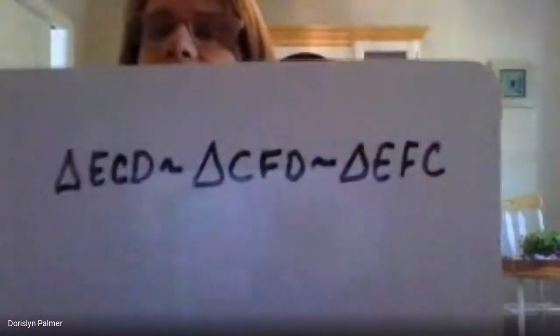So they show us the triangle, and we have to write the similarity statement. Aristotle, what did you get for that? Triangle ECB is similar to triangle CFD is similar to triangle EFC. Yes, that works. Now, you may not have your letters in the exact same order that Aristotle just said them.